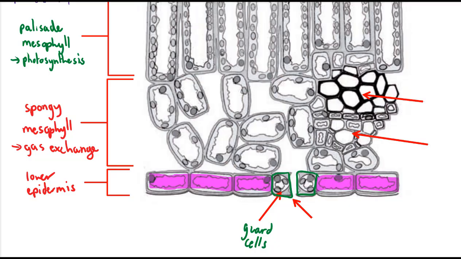The guard cells are found either side of a little pore, which allows gases to move in and out of the leaf, and that is called a stoma. Now, you'll have heard of these, but mainly in their plural form. So stoma is singular, stomata is the plural form, and these are usually found on the lower surface of a leaf.